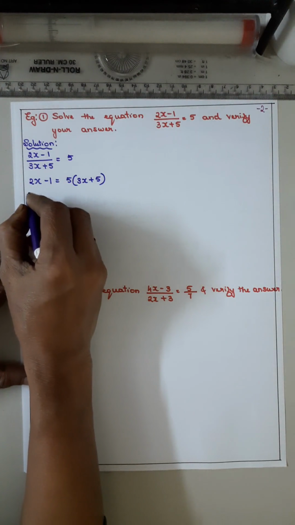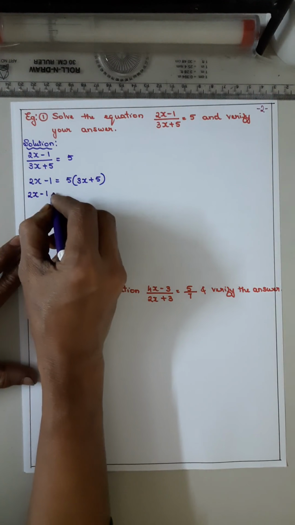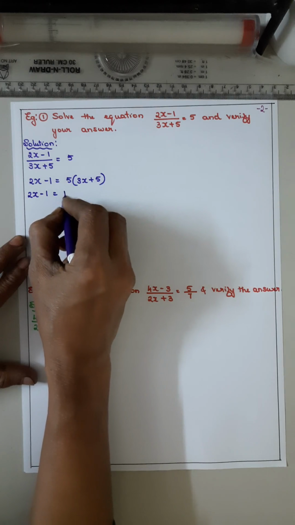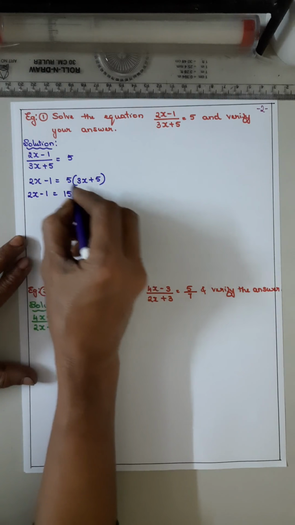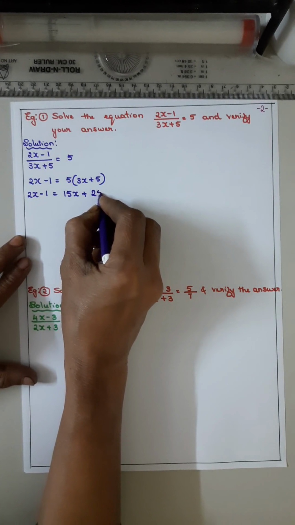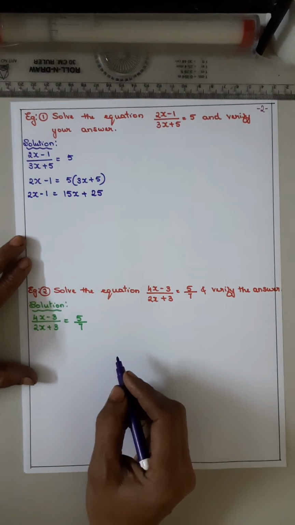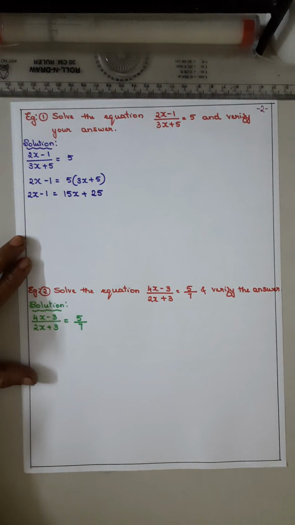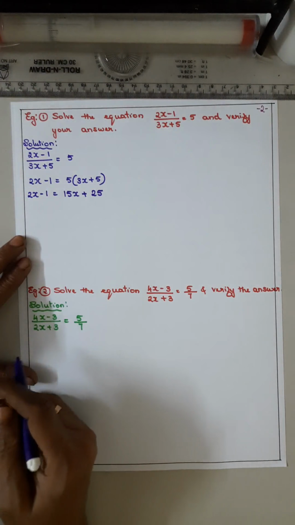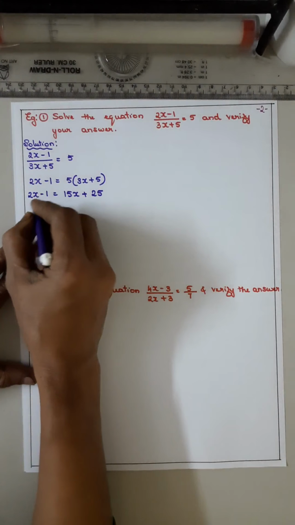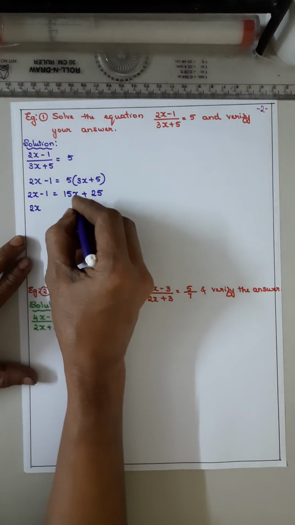Now, open the bracket. 2x minus 1 is equal to 5 threes are 15x, and plus 5 fives are 25. Now bring x to the left side and numbers to the other side. So, 2x, 15x.